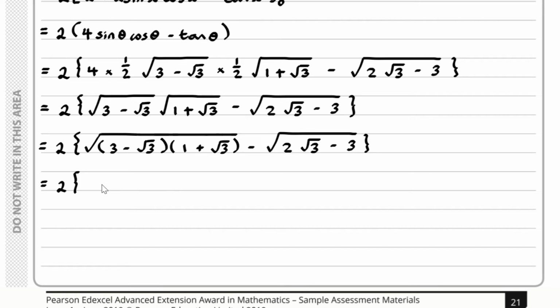So I've got 2 multiplied by 2 root 3 square rooted, subtract this here.